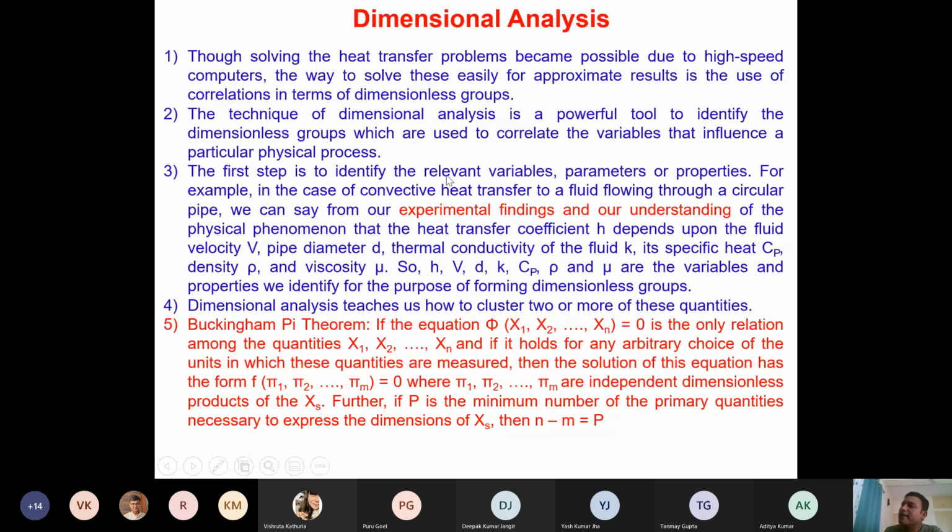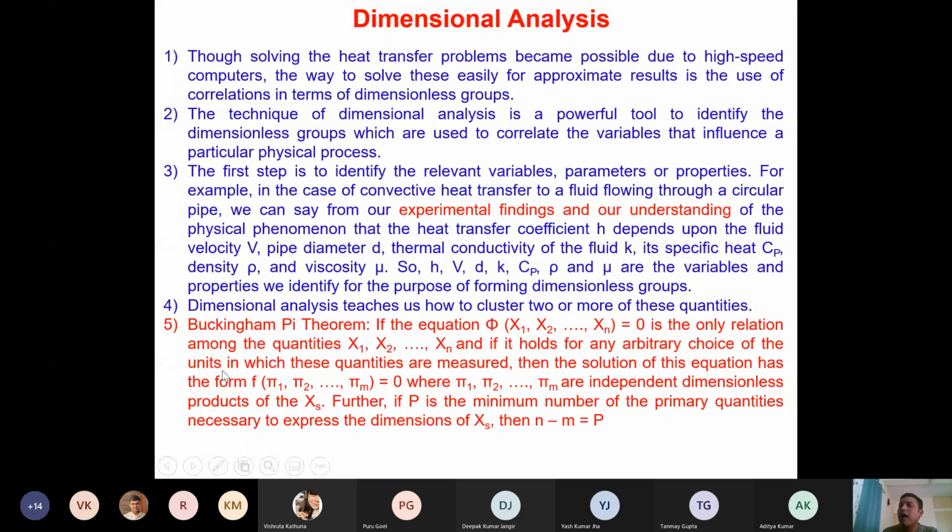So the first step is to identify the relevant variables based on the physics of the problem and also from the experimental analysis. Once we know exactly which parameters are going to be relevant in the given system, the next step is to apply the Buckingham Pi theorem. The Buckingham Pi theorem says: if the equation phi(x1, x2, ..., xn) = 0 is the only relation among the quantities x1, x2, ..., xn, and if it holds for any arbitrary choice of units.